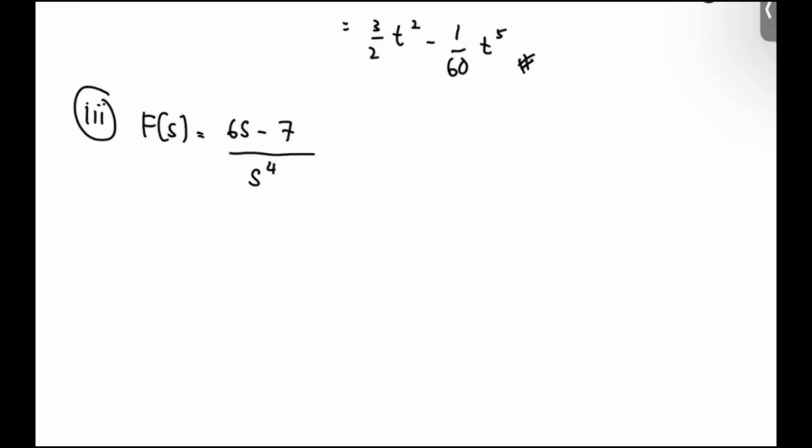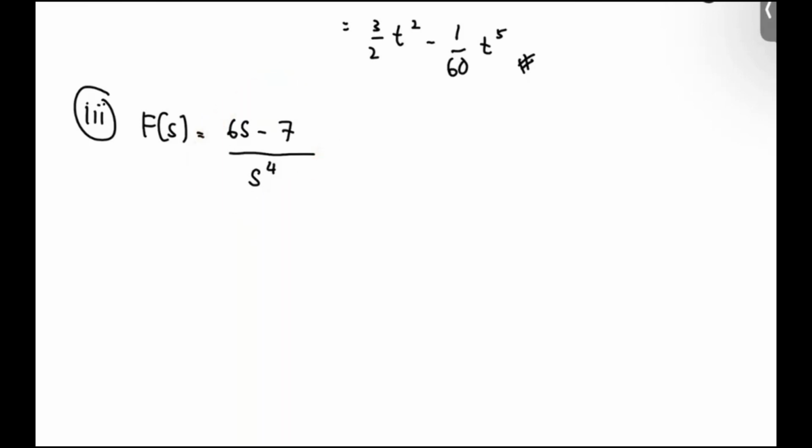Alright, so if you look at the Laplace table, we cannot find any function that resembles this function. Any close one, you don't find any formula that equals this function.